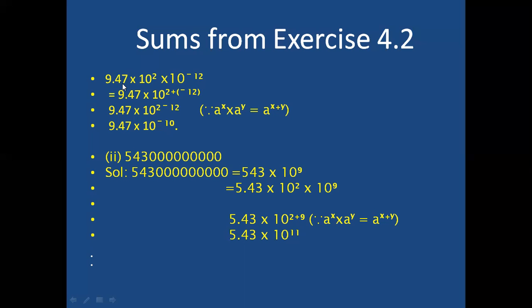So 9.47 into 10 square into 10 to the power of minus 12. Now these two have the common base with different powers. We can use the law a power x into a power y is equal to a power x plus y. So 9.47 into 10 to the power of 2 minus 12. 2 minus 12 is what, children? Minus 10. So 9.47 into 10 to the power of minus 10.